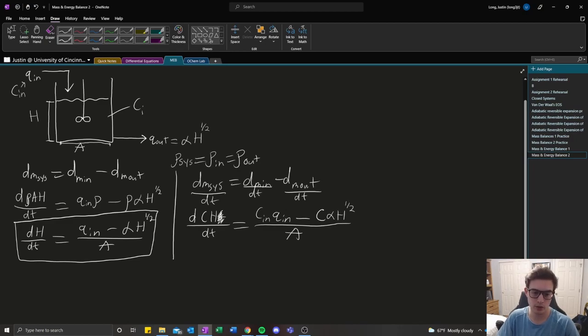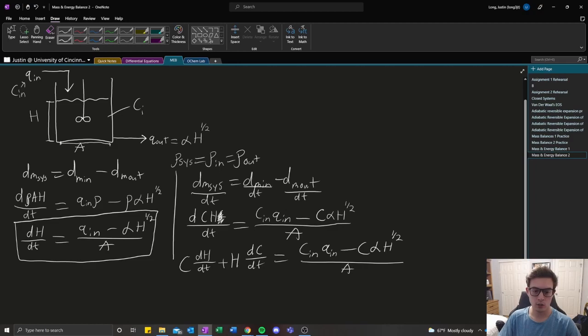So concentration times the change in height divided by the change in time, plus the height times the change in concentration over the change in time, is equal to the concentration coming in times the flow in, minus the concentration of the system times alpha height to the 1/2 power, divided by the area.